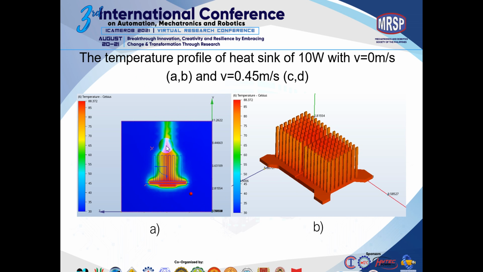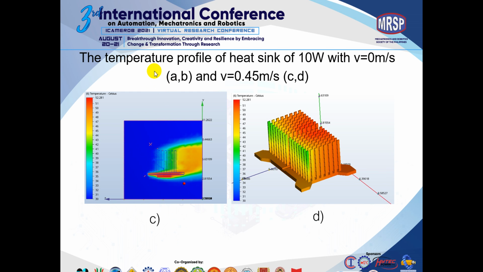You can see the hot air with the low velocity will rise up, and you can see the temperature of the heatsink with velocity equal to 0 is very hot.